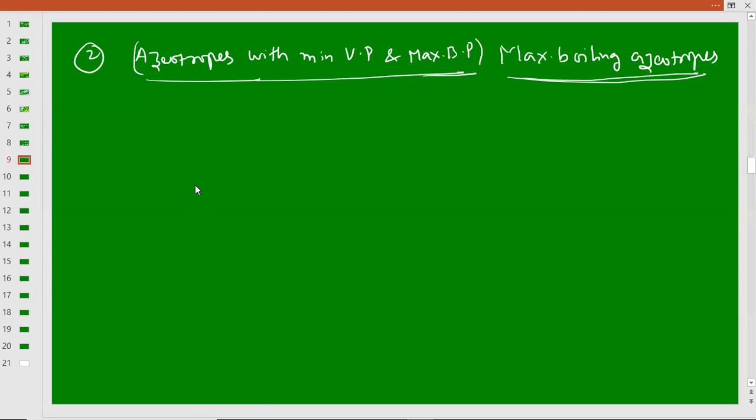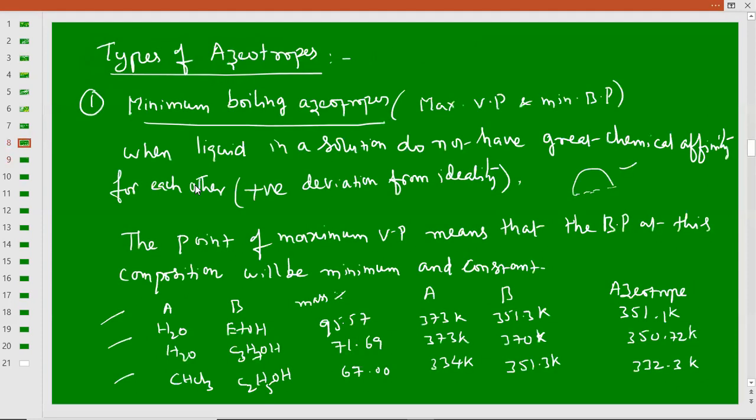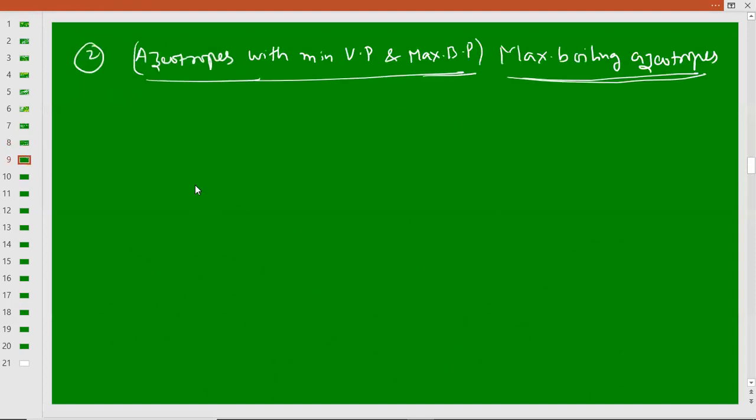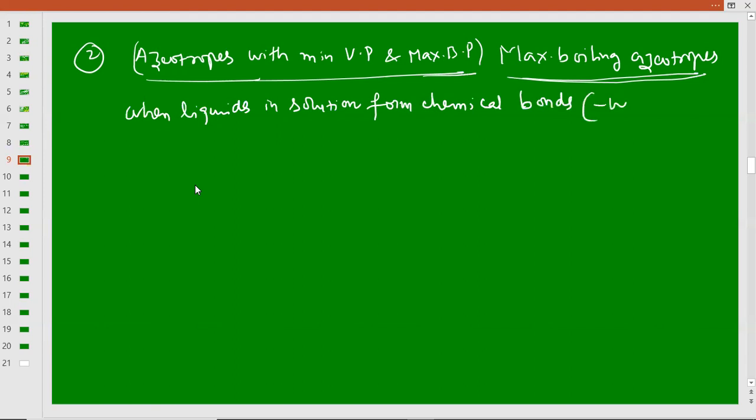Now here, what happens when the liquids in the solution form chemical bonds? Earlier we observed they don't have great chemical affinity. In this case they have chemical bonds, like the hydrogen bonding concept we discussed.